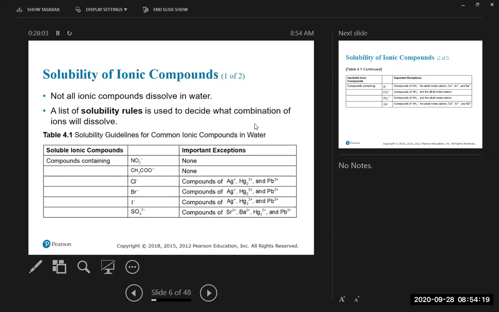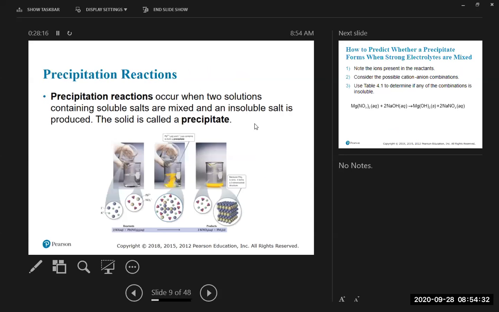So we see here that iodide, I minus, is usually soluble, but one of our exceptions was lead. So that's how we would be able to predict that we would get a precipitation reaction here.